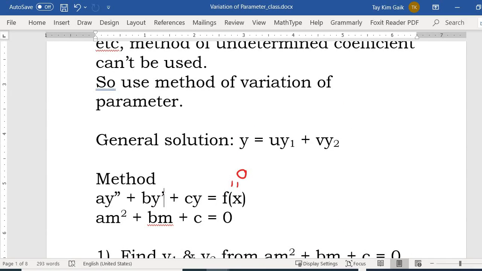You have a y double prime plus b y prime plus c y equal to f(x). The general solution is given by y equal to u y1 plus v y2.